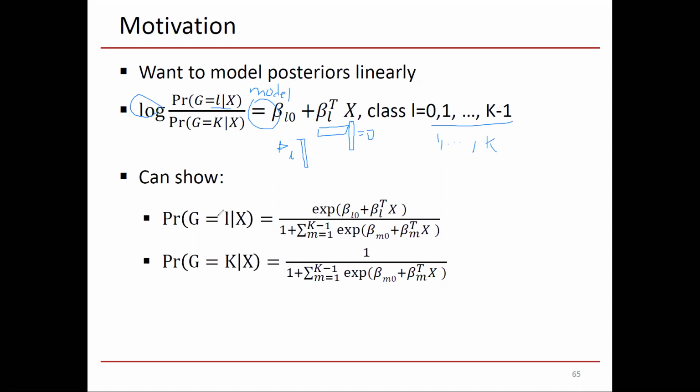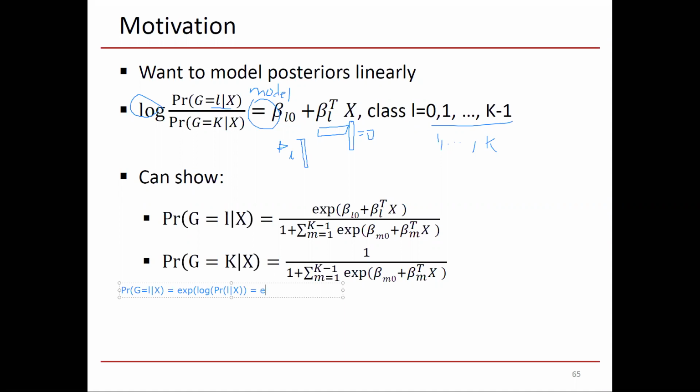So now let's evaluate the probability of being in class L conditioned on X. So the probability of G equals L conditioned on X is the exponent of the log of the probability of L conditioned on X. That's merely a definition. I took the exponent of the log.